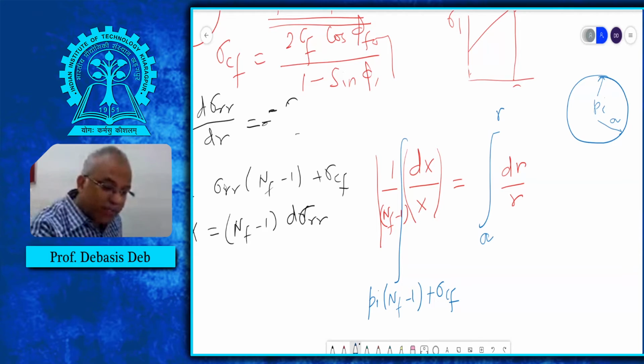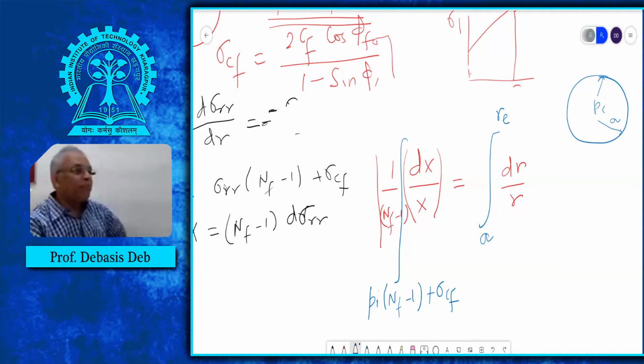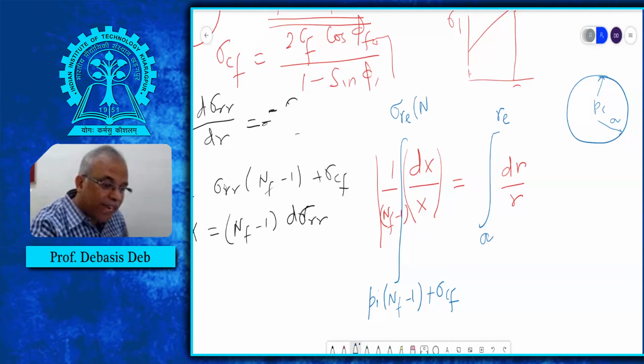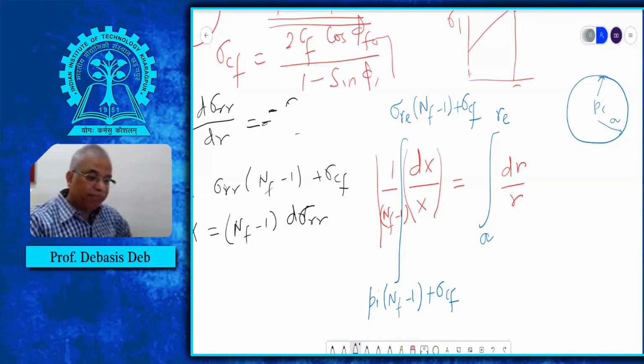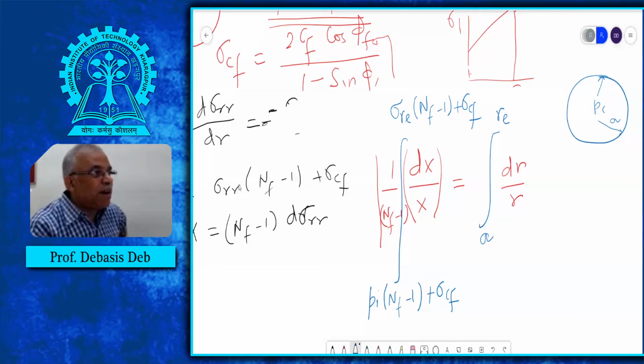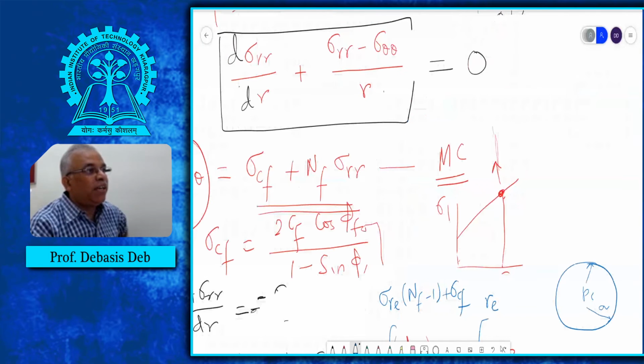And in this case, because my plastic zone is up to RE, and here I do not know what the stress is, I assume it as sigma RE, times NF minus 1 plus sigma CF. So this is the boundary of the integration. Now what is sigma RE? Let me show you here.